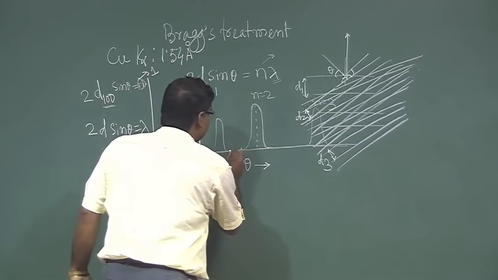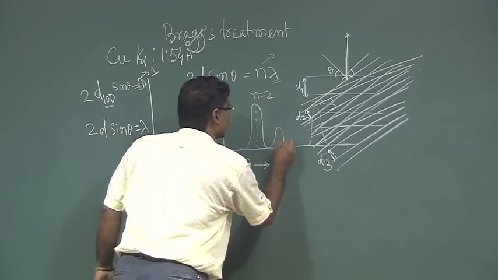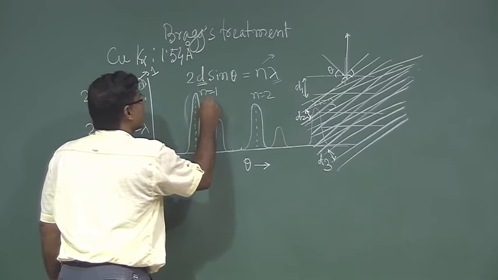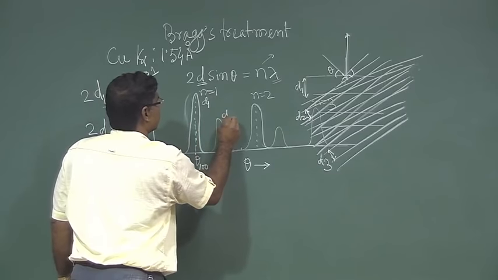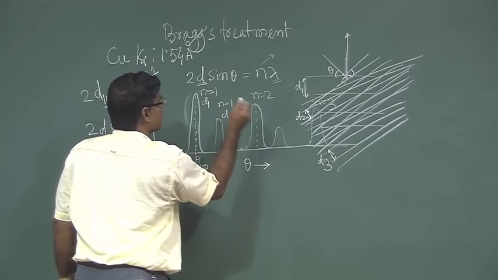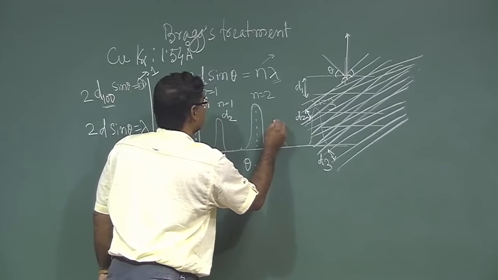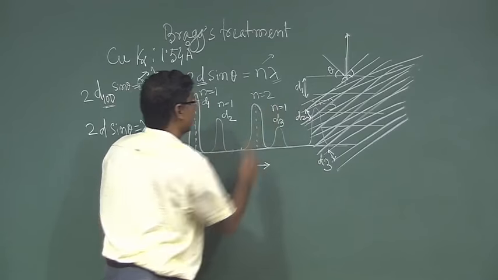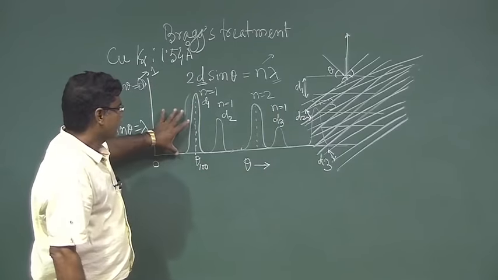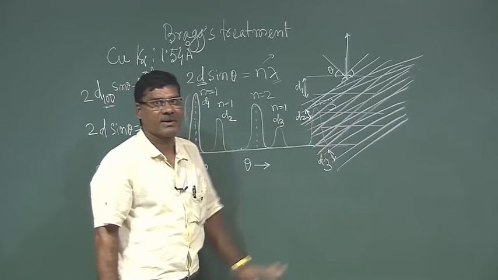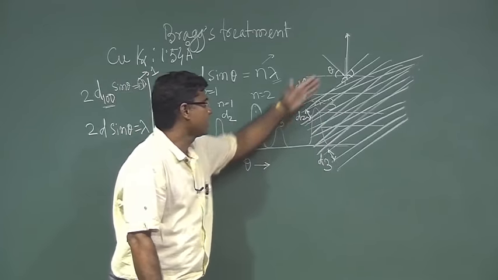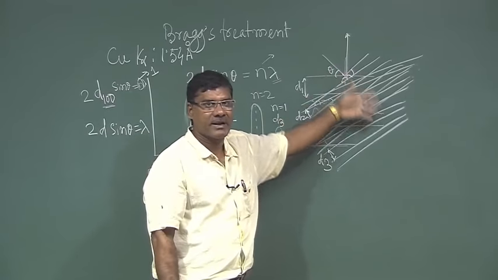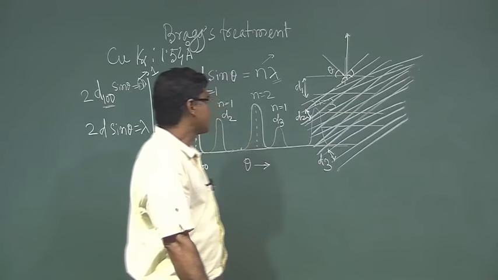So, this is for d1, this is for d2 with n equal to 1, this is for d3 with n equal to 1, right. Here we will get many first order peaks, each peak indicating a set of parallel planes, hkl planes.